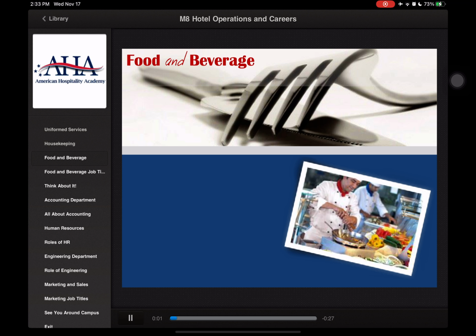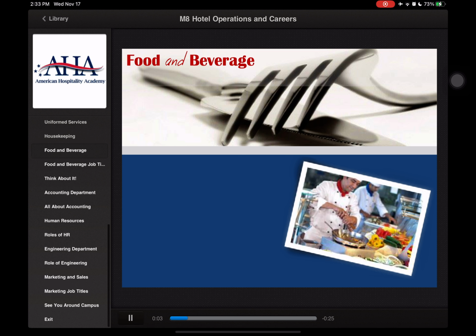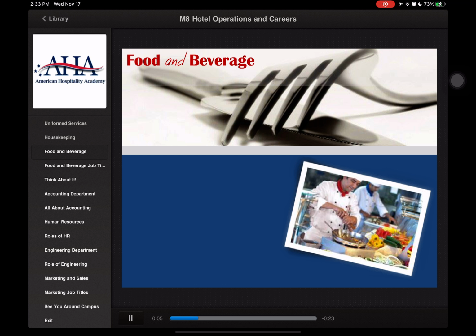We have discussed the many career opportunities available within the Rooms Division of a hotel or lodging property. Now let's look in more detail at the food and beverage department. Depending on the level of service, many lodging properties have some type of food service available to guests. Food service can range from vending machines in a budget hotel to several restaurants, snack shacks, and cocktail lounges inside a single luxury hotel.